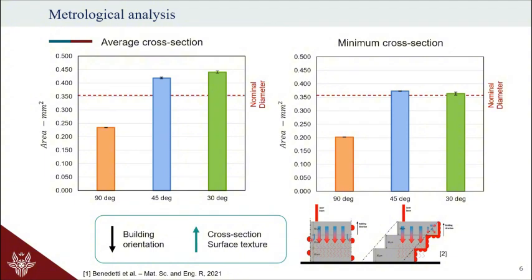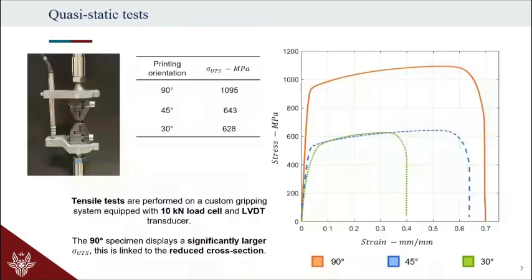And therefore, we can have more inclusion of surface defectosity, such as partially melted particles, or drosses, and so forth. So we can understand, firstly, this relation here. But this is not it, of course. Once we are happy with the methodological characterization, we started with quasi-static tests.